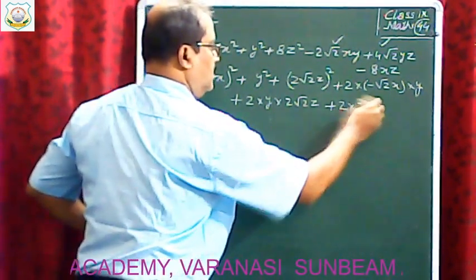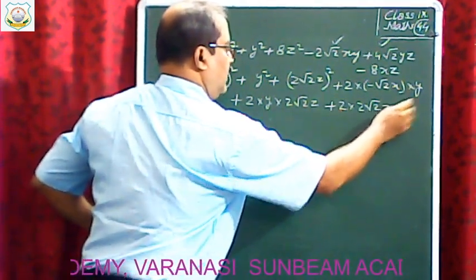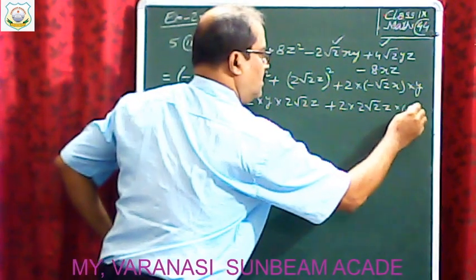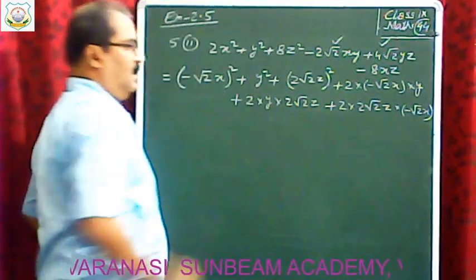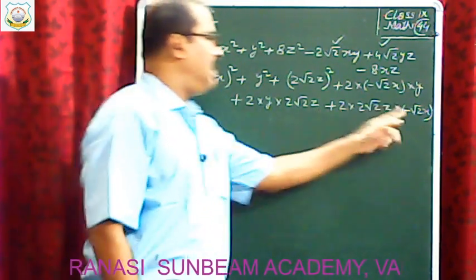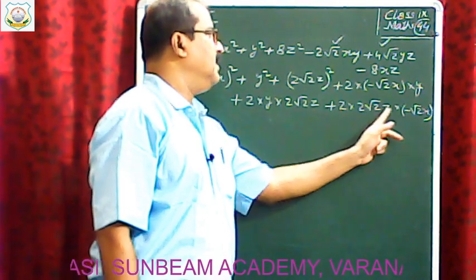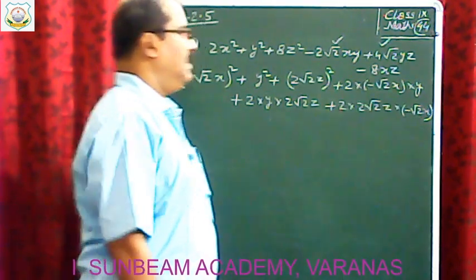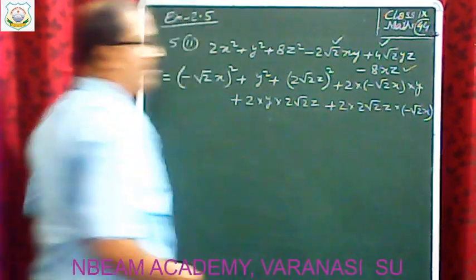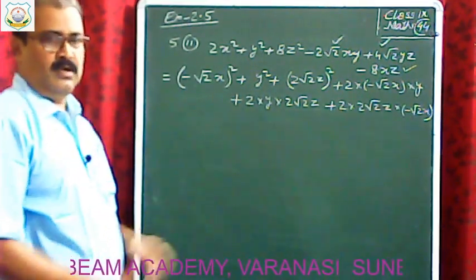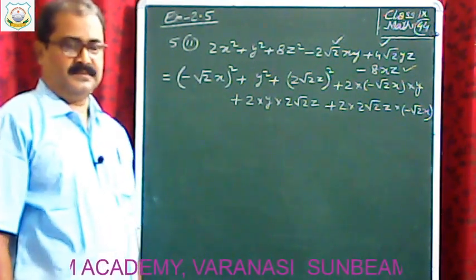Plus 2ca, c means 2 root 2 z into a, minus root 2 x. Find the product. Plus minus minus 2 into 2 root 2 into root 2, which is 8 xz, so minus 8xz matched. In this way, all the 3 combined terms matched according to our rearrangement.